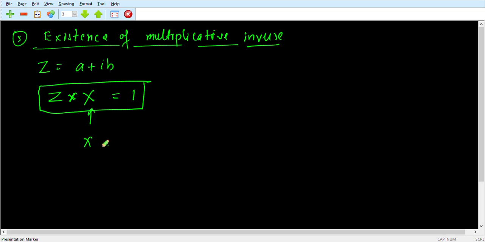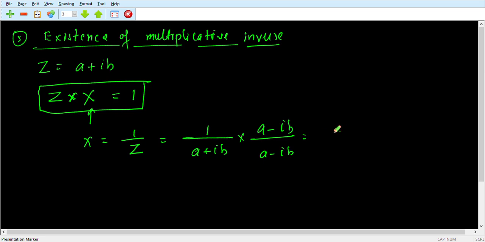So x will be nothing but 1 upon z, and here 1 upon z is nothing but 1 upon a plus iota b. We should rationalize this value, multiplying by a minus iota b upon a minus iota b. So the numerator will become a minus iota b and the denominator will become a square minus b square iota square. Iota square will give you the value minus 1, as we have already discussed.